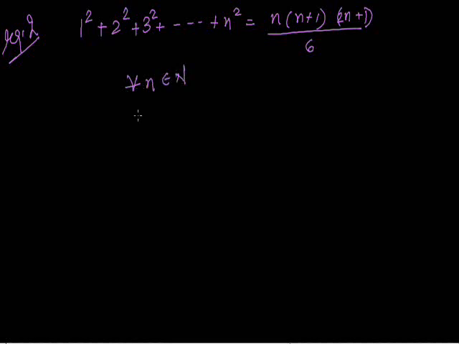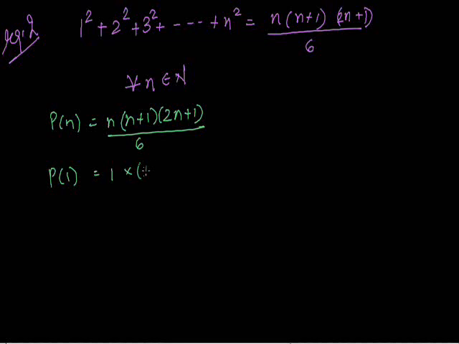Again, we will start with the basic step. P of n is n into n plus 1 into 2n plus 1 by 6. We will prove it for P1. P1 is 1 into 1 plus 1 into 2 plus 1 by 6, which is equal to 1. So it is true for P1.